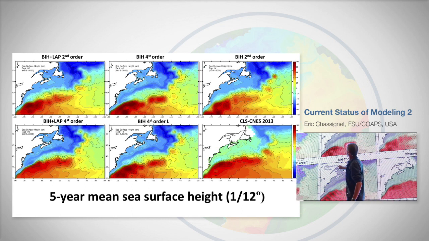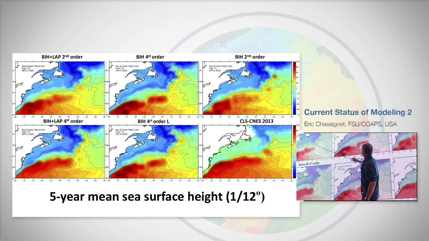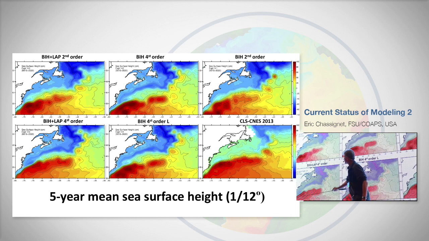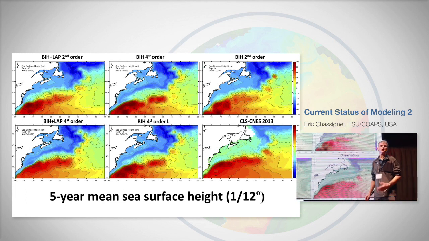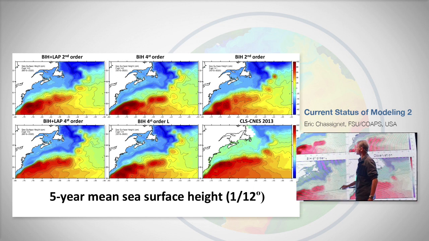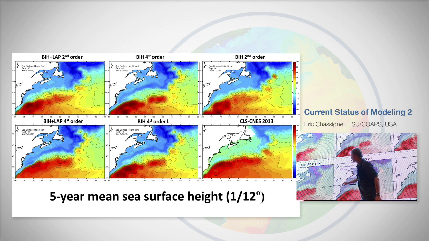That's 2nd order, a traditional run. Now if you do the same, just switching to 4th order, you see a significant improvement again in the separation. We're trying to understand what's happening here, but you start to have a much more coherent jet, still separating, with the New England seamounts starting to spread out.